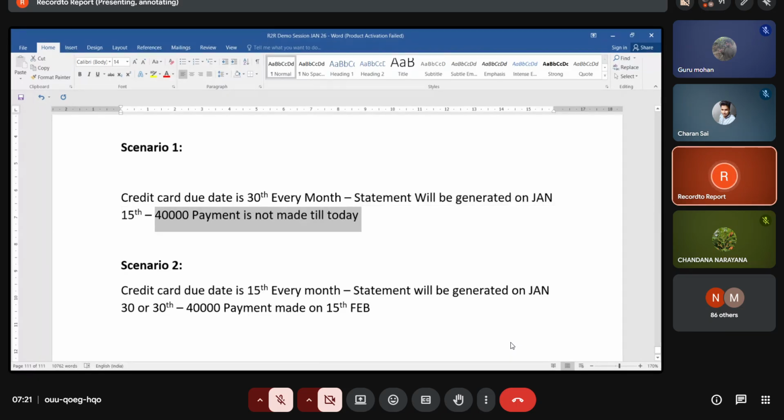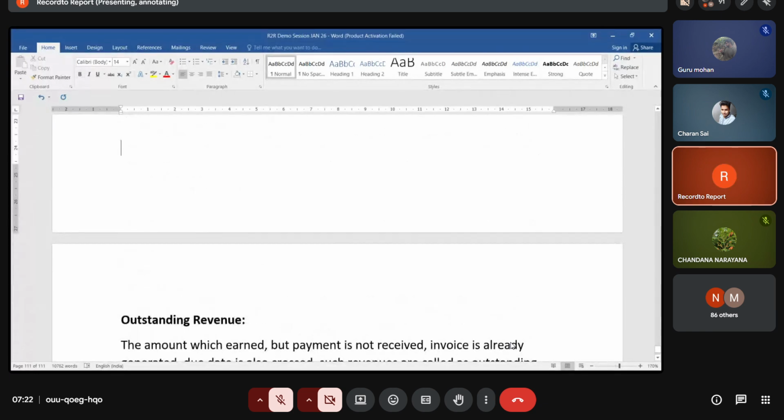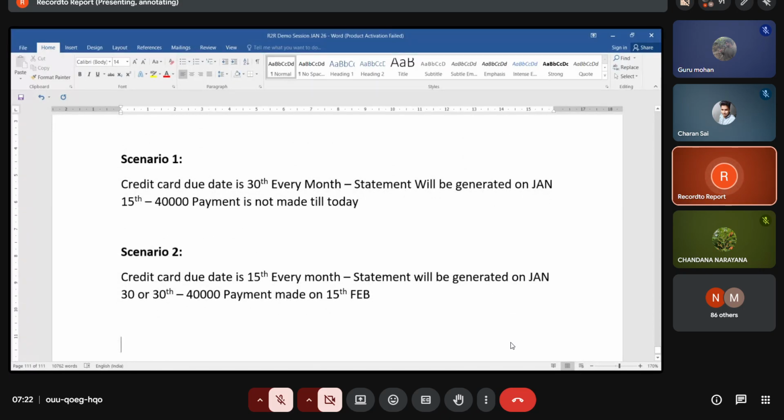So for the HDFC company, it's an outstanding, guys.